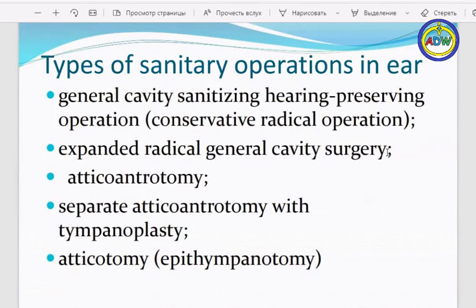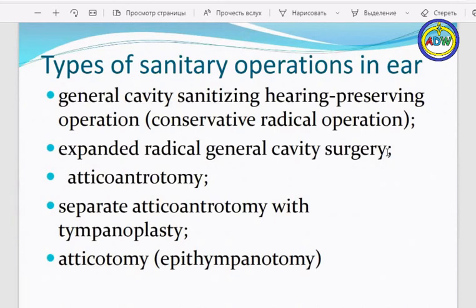First of all, behind the auricle, we perform the incision. Yes, of course, this is the operation. We separate the soft tissues and find the Macewen triangle. You know, it is the sign for the location of the antrum. First of all, we perform the antrotomy, open the antrum. After that, through the aditus, we drill and open the attic.